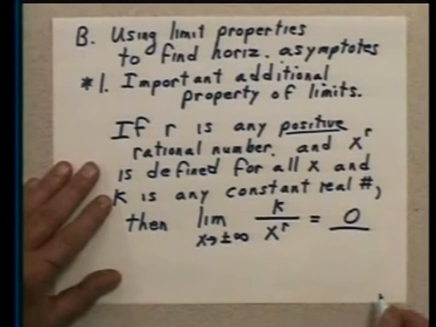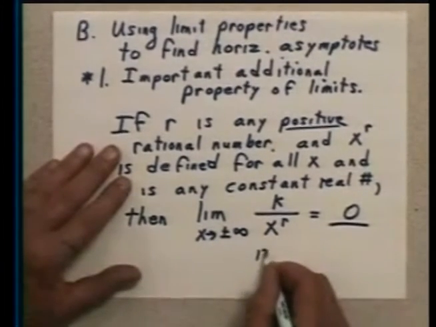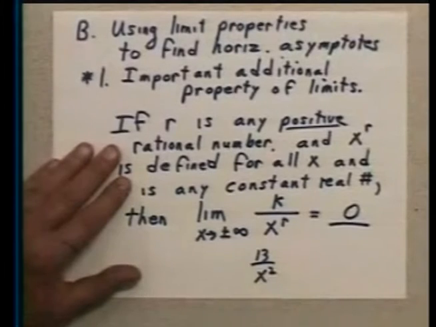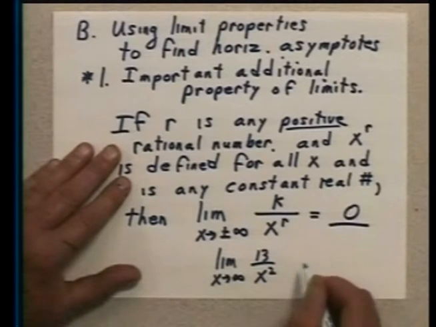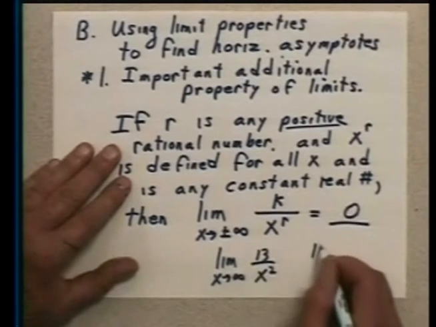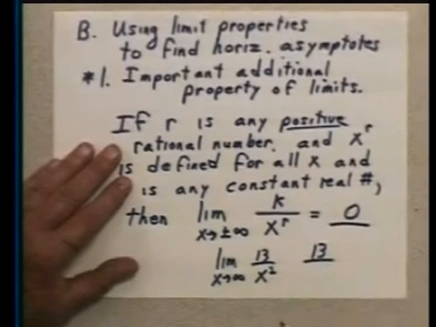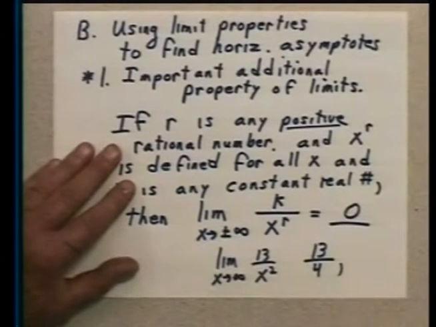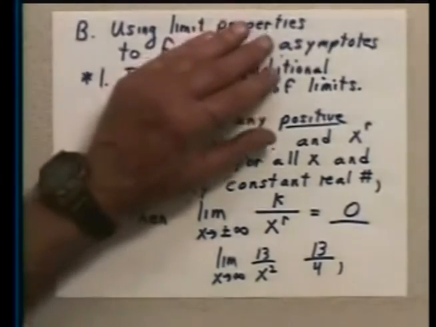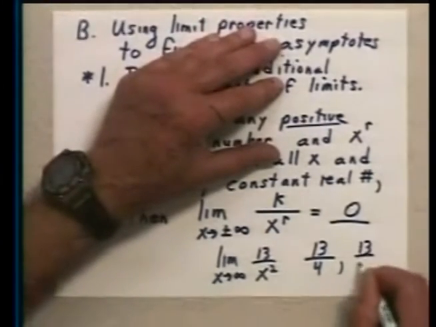Are you okay with that? I mean, a typical example would be 13 over x squared, right? You take a limit of that as x approaches, we'll say, infinity. Well, if you did a numerical and you did 2, you get 13/4, right? If you picked x equal to 10, you get 13/100.